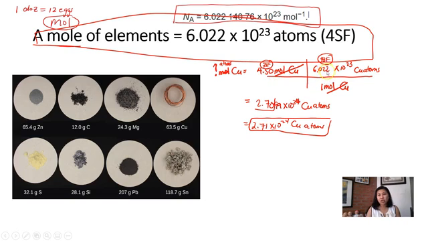You don't want to use data that is only up to 2 sig figs. So you don't want to use 6 times 10 to the power of 23. Why is that? Because now your final answer is limited to those sig figs. You want, as much as possible, to have more sig figs on that information than on the given data.